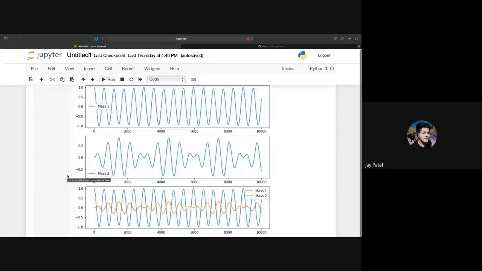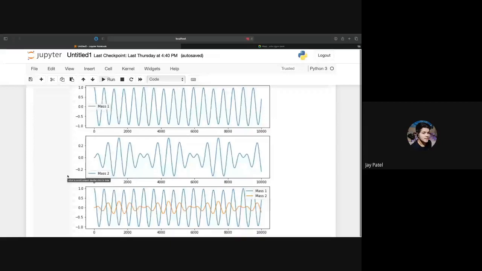Their natural frequencies are different. Also the displacement of M2 is smaller in this case. Earlier it was about 0.4, now it is about 0.2. What it means is being heavier, it is getting displaced by less amount because it will have more inertia.